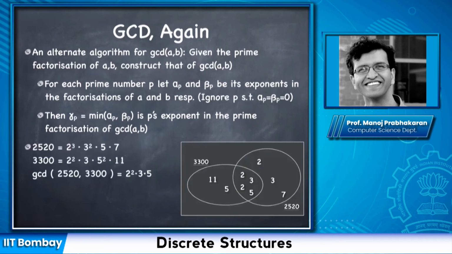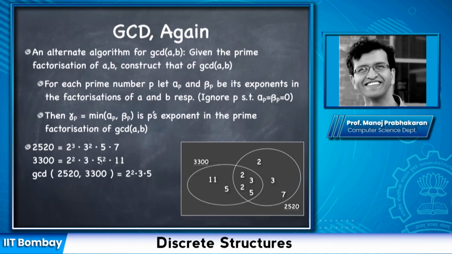Okay, so here is an example. Suppose my numbers are 2520 and 3300, which have these factorizations. Then to find the factorization of their GCD, for each prime number, I pick the smaller exponent. So for 2, the smaller exponent is 2. For 3, the smaller exponent is 1.